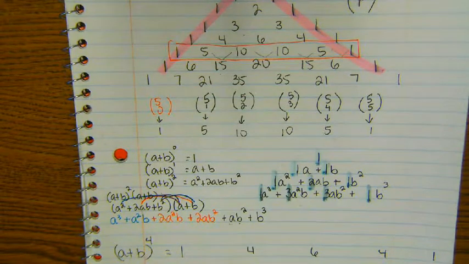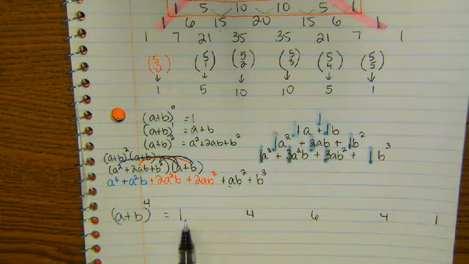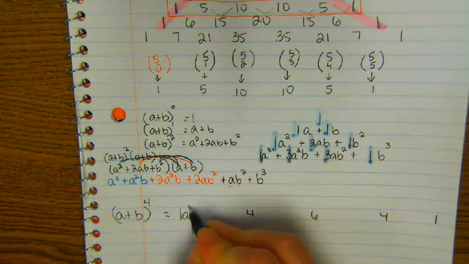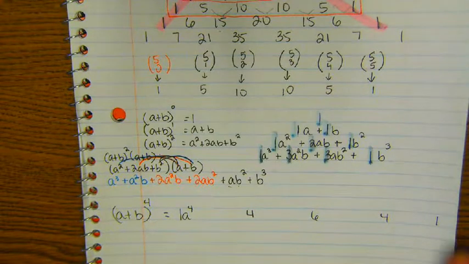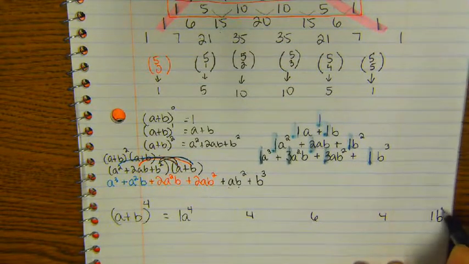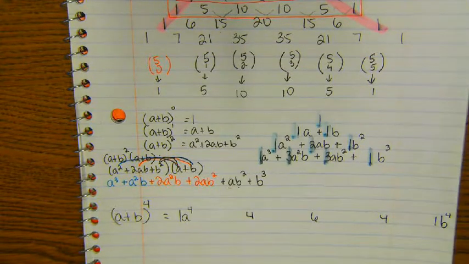Now let's talk about what the degree of a is. What would be the term here for a? A to the 4th. Now some people like to go to the back and put b to the 4th here. It doesn't really matter what order you do that in.